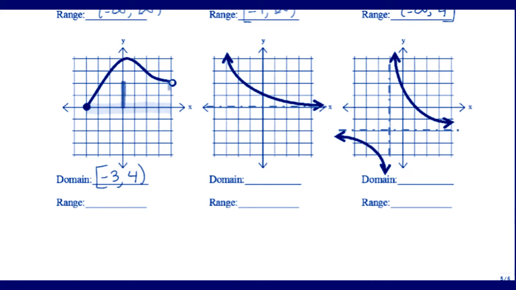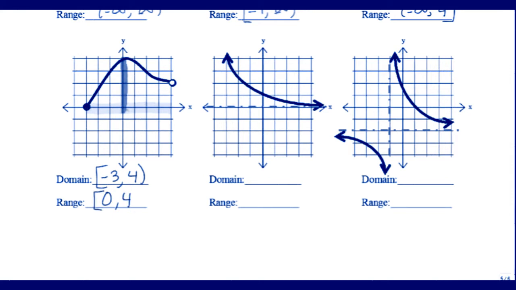How high can it be? Do I stop here because that is my endpoint? No, because I have more y values higher than that. I can go all the way from 0 to 1, 2, 3, 4. So my range is 0, 4.